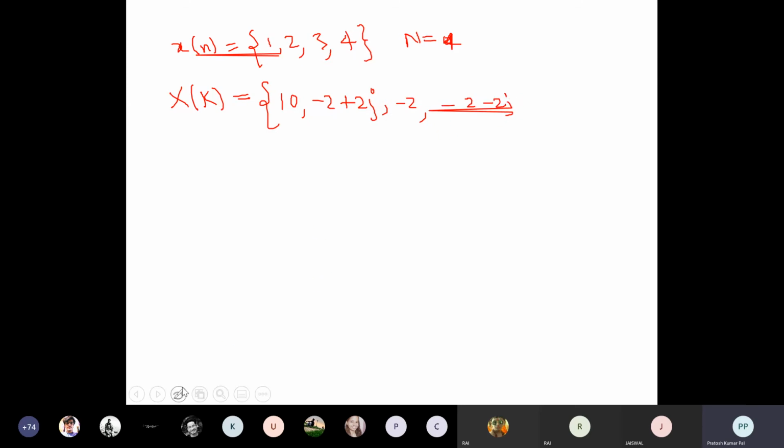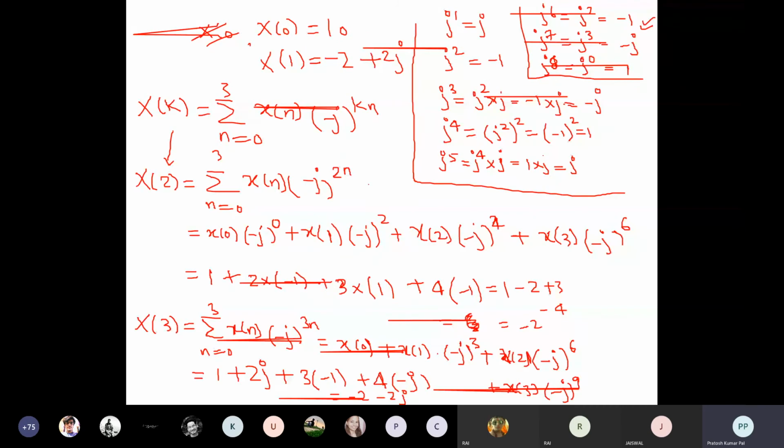There is some issue with the writing pad actually. So this was the sequence.